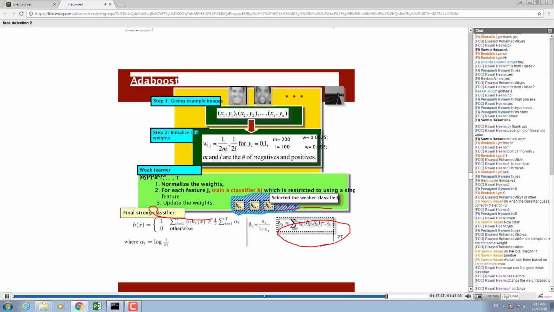When it fails, then it is bad, and the weight reflects that. This is the way we update the weight.